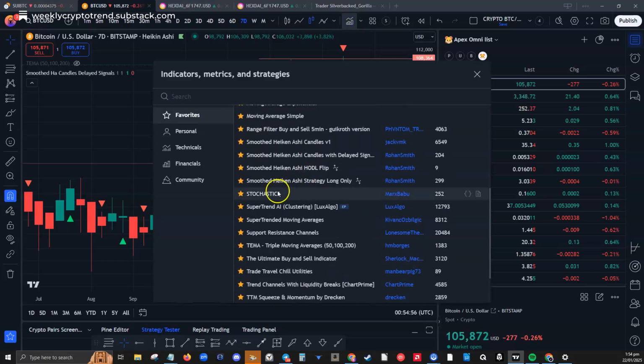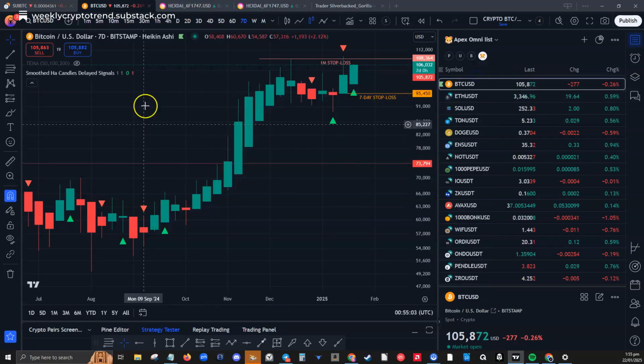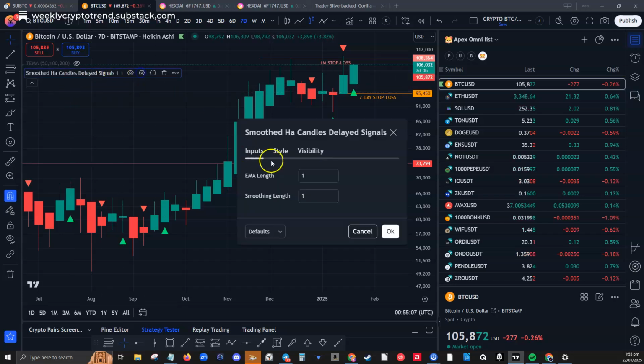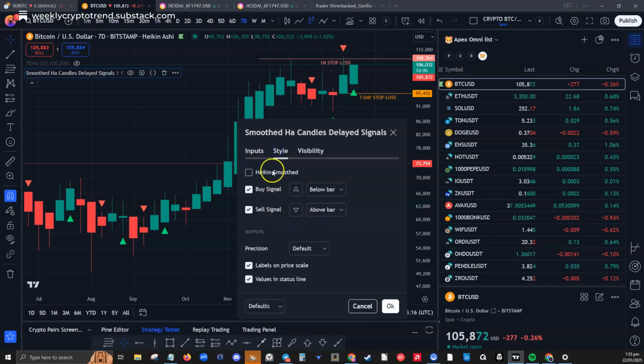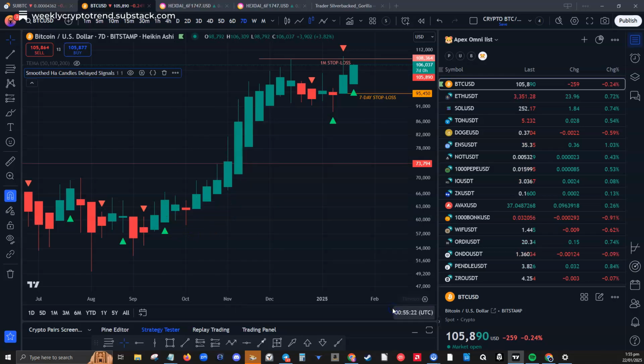It comes with 10 and 10, being the EMA length and the smooth length, and the style will have Heikin-Ashi ticked. I just untick it because I don't need two sets of candles, and that's it.